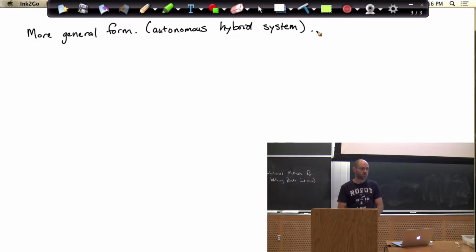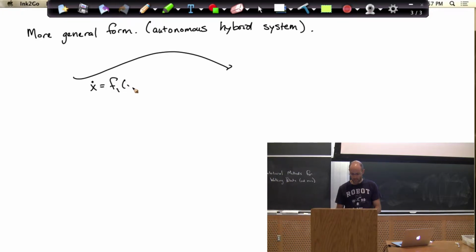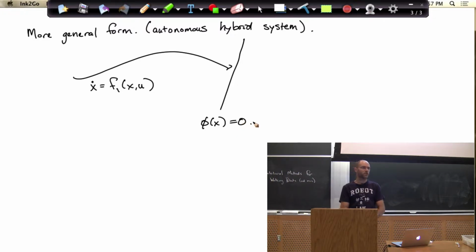So in general, when you're thinking about these systems with instantaneous events, the picture you might have in your head is that you have some continuous trajectory, governed by some continuous dynamics. Let's call it F1 of x. It could even be dependent on u; you could have control inputs. That's fine. In your state space, though, in general, we have some event surface, which we typically parameterize as the zero set of some function.